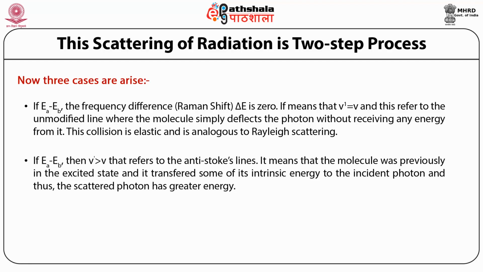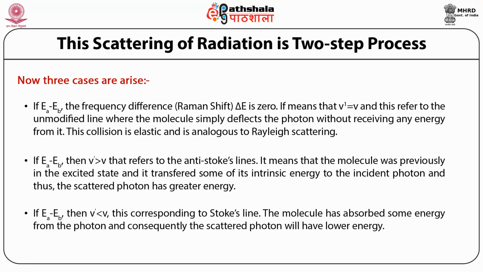It means that the molecule was previously in the excited state and it transferred some of its intrinsic energy to the incident photon, and thus the scattered photon has greater energy. If Ea minus Eb is such that nu prime is less than nu, this corresponds to Stokes lines. The molecule has absorbed some energy from the photon, and consequently the scattered photon will have lower energy.